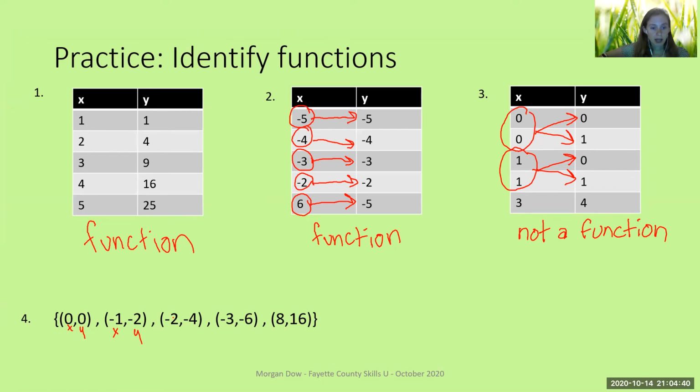So look at your X's, 0, -1, -2, -3, and 8. Do each of those X's have one output? And yes, they do. One way you can quickly determine that is that each input value only shows up once. There's no repeats in the X's. So number 4 also is a function.